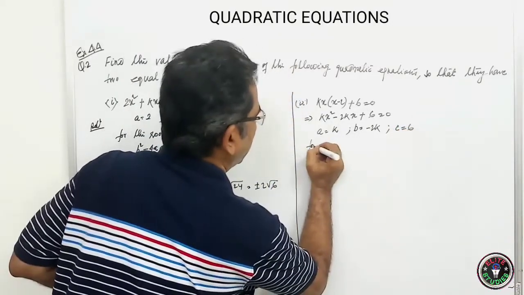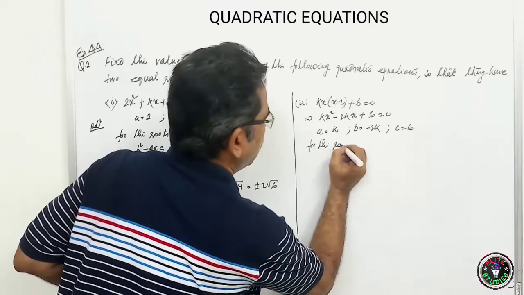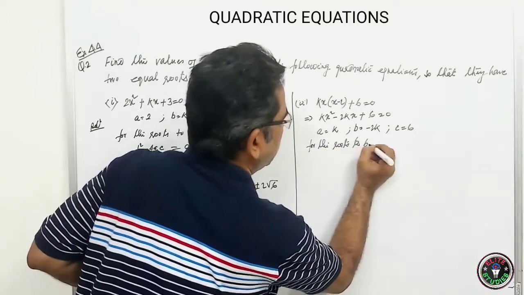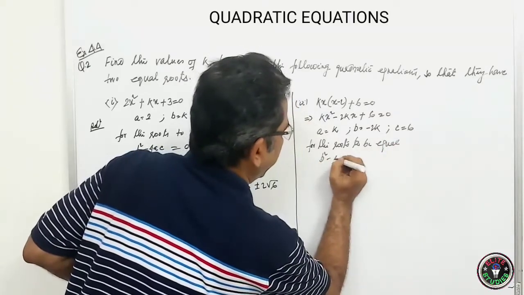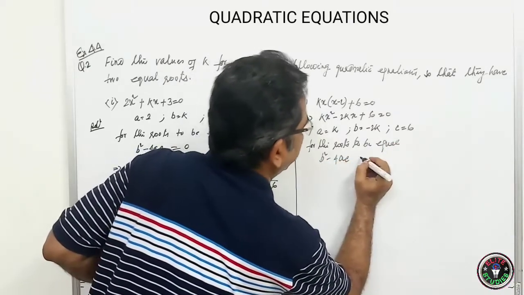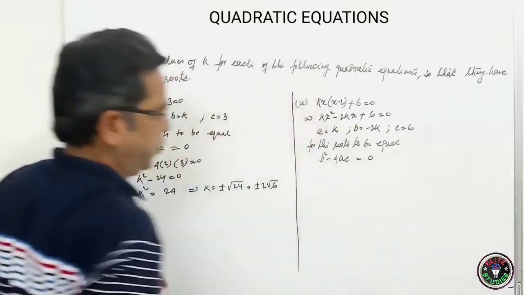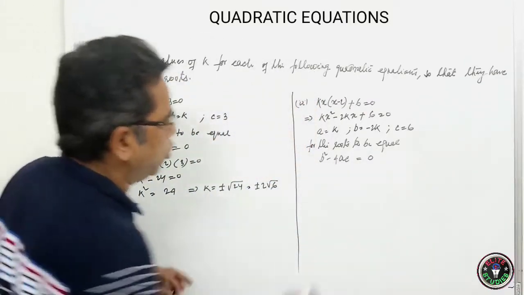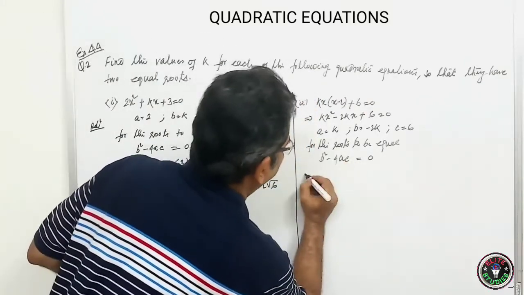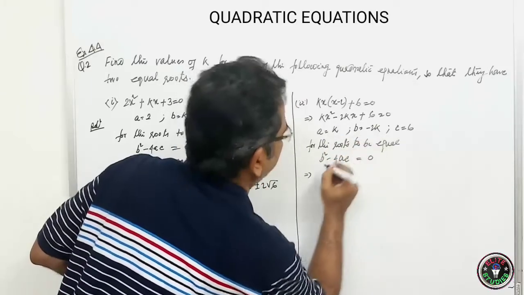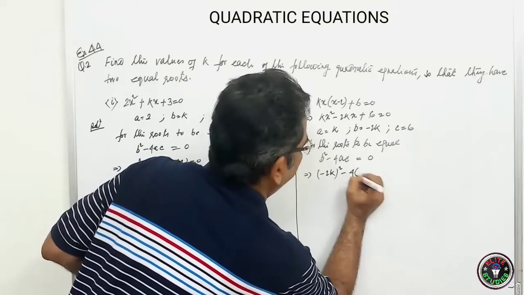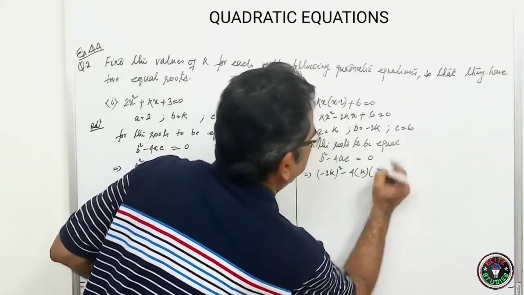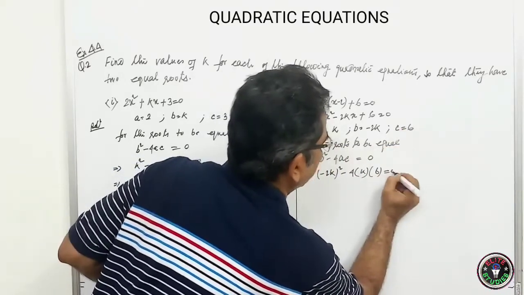So for the roots to be equal, b square minus 4ac must be equal to 0. So in place of b it will be minus 2k whole square minus 4, a is k and c is 6, is equal to 0.